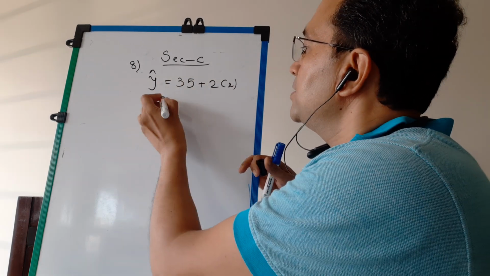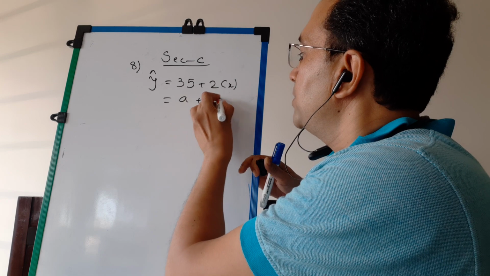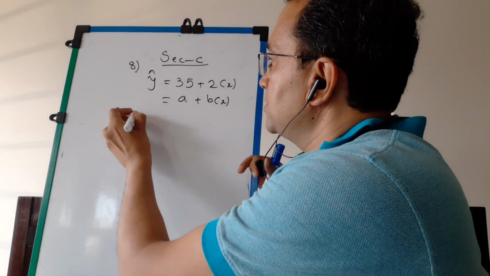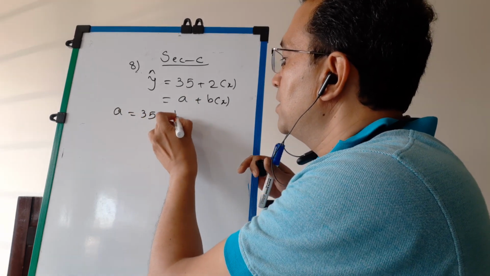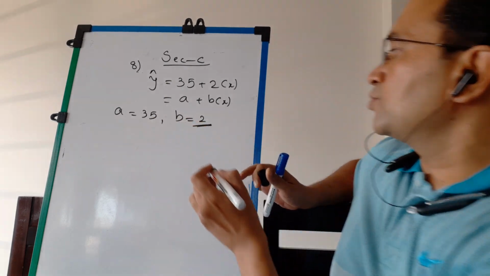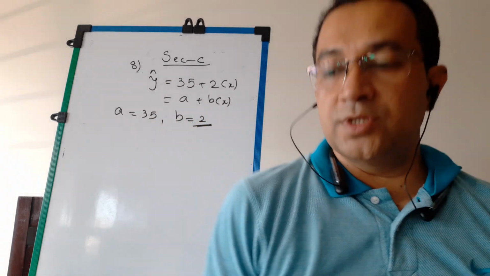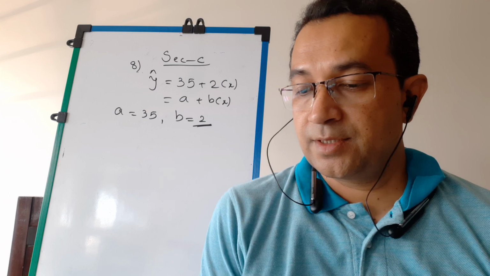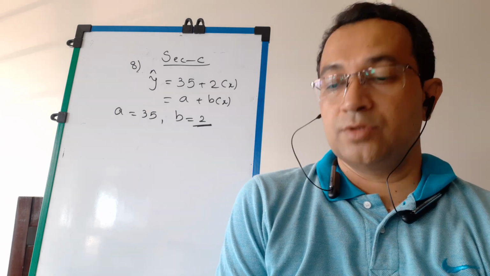So compare this with a plus bx. A is 35 and b is 2. I hope this is very clear. This is only what we have to refer.